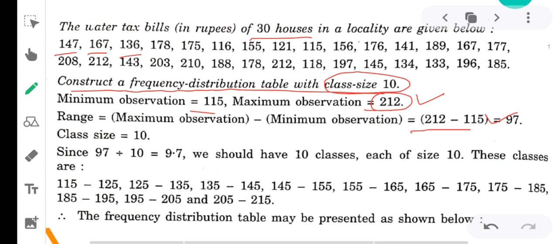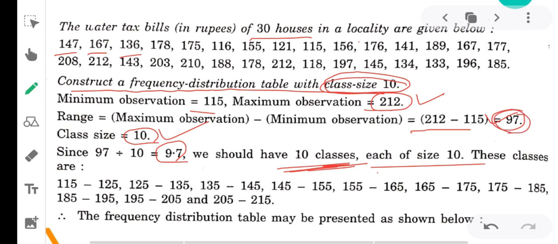And the class size is given, that is 10. So 97 divided by 10 equals 9.7. So we need 10 classes, each of size 10.